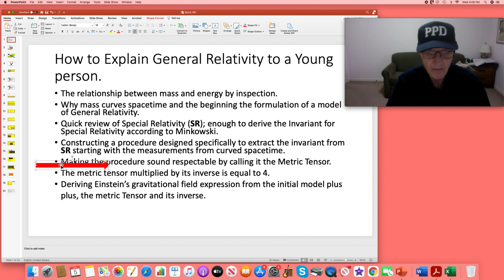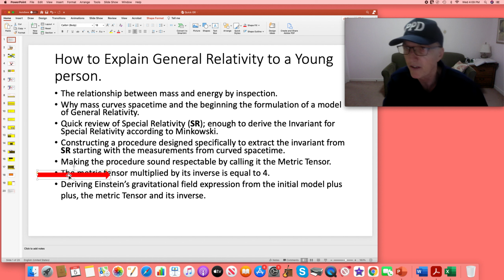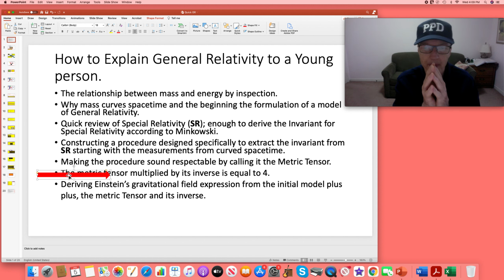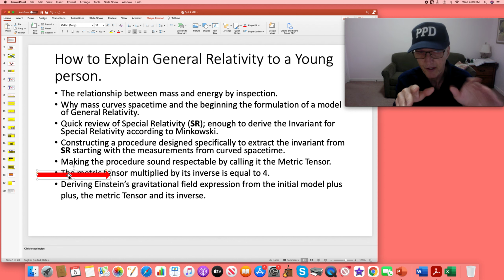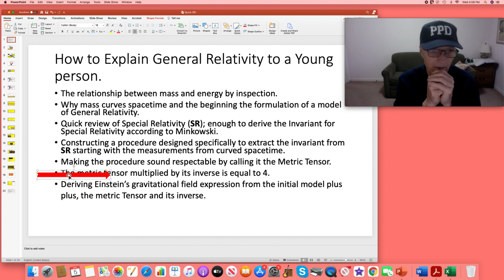Then we use the parts that we've dug up so far to derive Einstein's gravitational field expression in full, the way that Einstein did it, from the initial model that we started with. That's the first step, plus using just the ideas of the metric tensor and its inverse, which we'll discover.